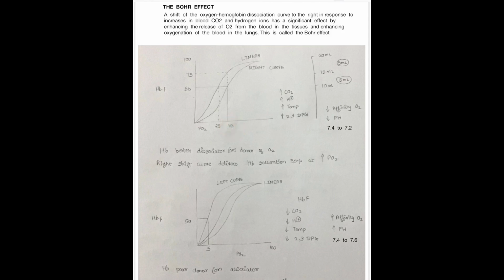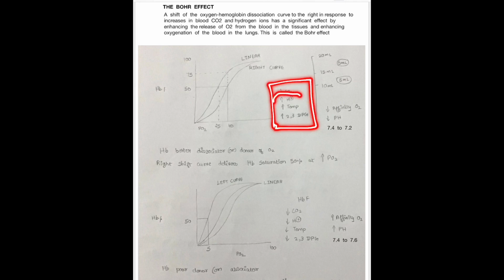Normally the hemoglobin is saturated at 50 when the partial pressure is 25. So during exercise, as we discussed earlier, there will be increased carbon dioxide, then hydrogen ions, increased temperature and increased 2,3-DPG.